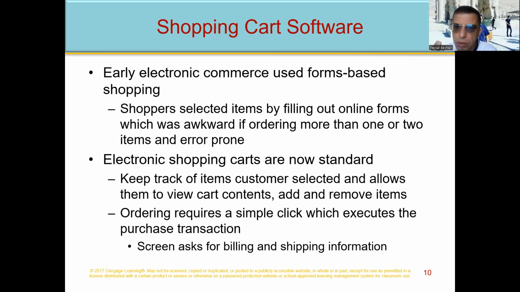Electronic shopping carts are now standard everywhere, and keep track of items customers selected and allow them to view the cart contents, add, or remove something. Ordering requires a simple click now, which executes the purchasing transaction, and a screen asks for billing and shipping information at the same time. Once you make an order, you'll see this pop up.